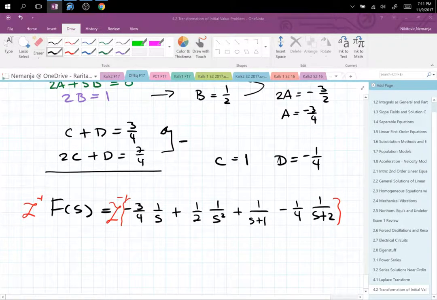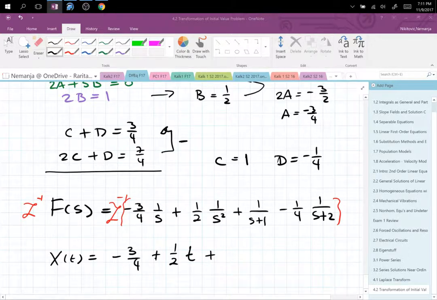And now we have x of t, which is a solution, right? Inverse Laplace and Laplace cancel. 1 over s, that's 1. So just 3/4. Inverse Laplace of 1 over s is just the number 1. Plus 1/2, 1 over s squared is t.